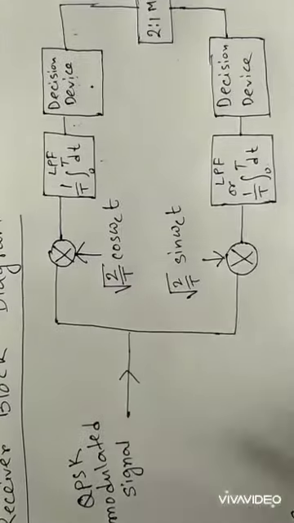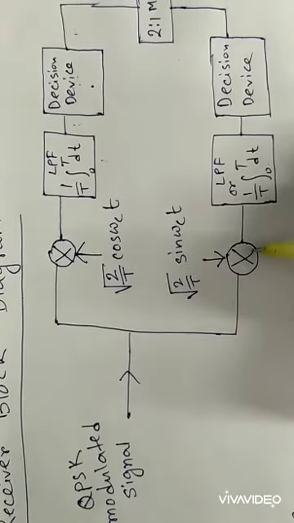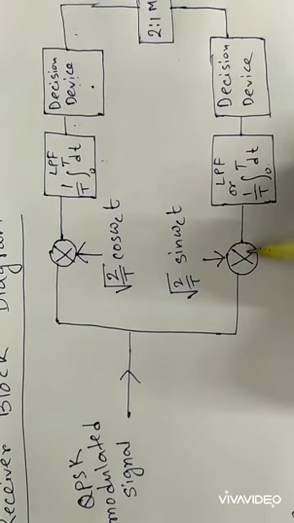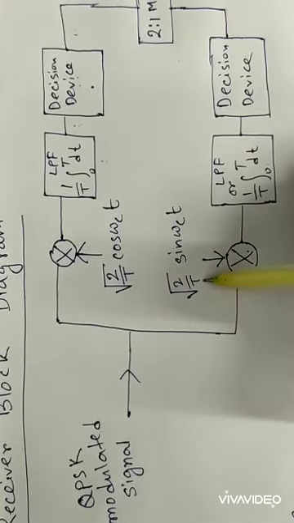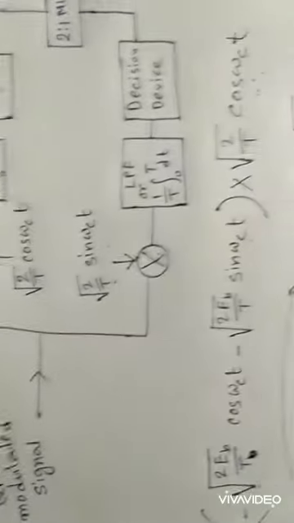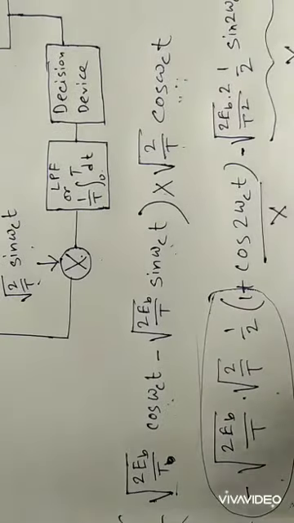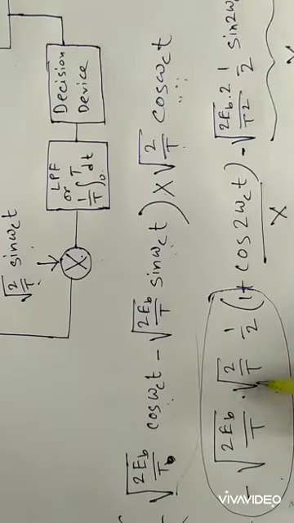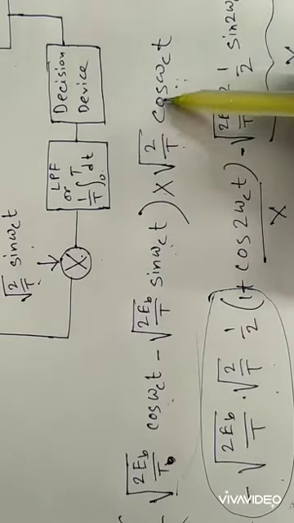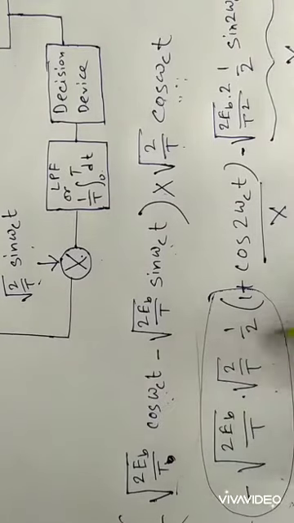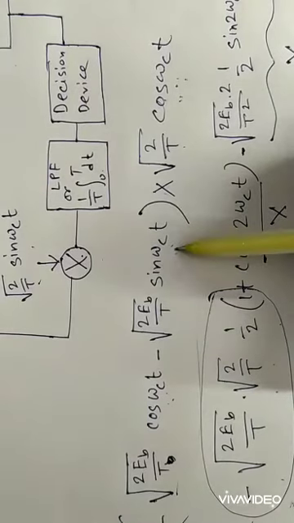Now again the same signal passes through this path. When the signal passes through this path, it is multiplied by root over of 2 by T sin omega ct. So you get minus root over of 2 Eb by T into root over of 2 by T, half of sin omega ct into cos omega ct, which can be replaced by half of sin 2 omega ct, and sin square omega ct.